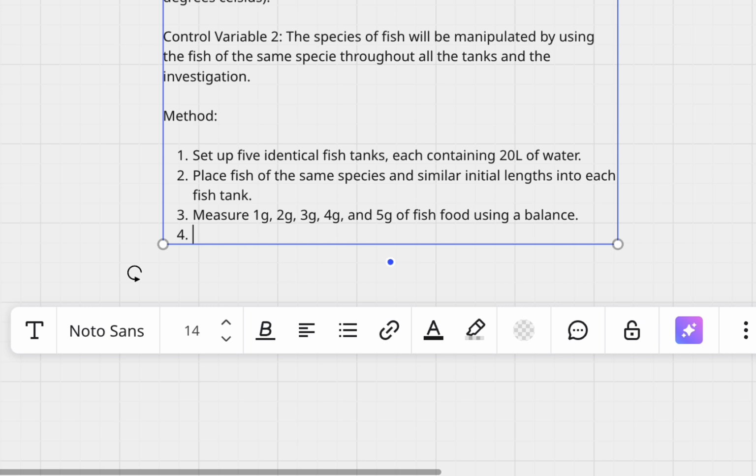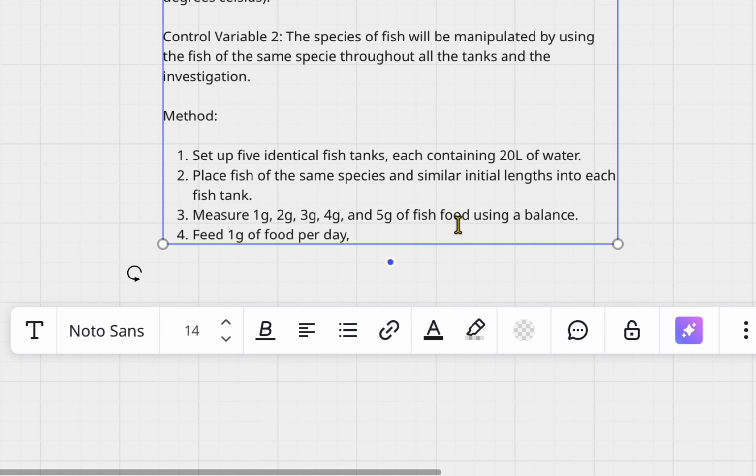So that's why we're going to measure them beforehand, and we're going to stay ready for whatever we're going to do next. The fourth step is going to be feed 1 gram of food per day. Let me just capitalize F. My bad.